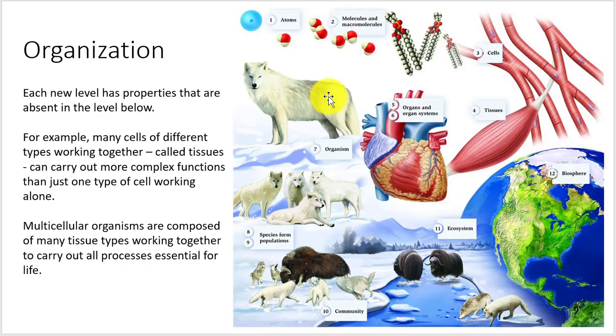That's kind of the idea of emergent properties. This concept of organism is only possible because all of the individual components, organs and organ systems, tissues, cells, molecules, work together to give it its unique properties that are a result of those complex layers. We can go from there.